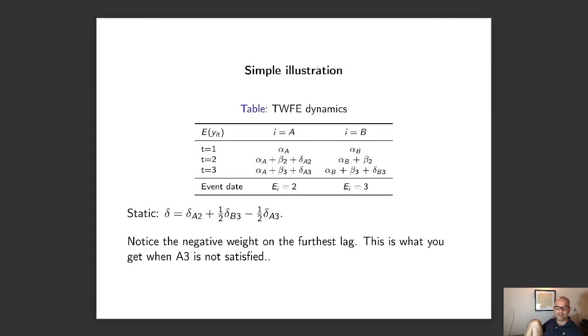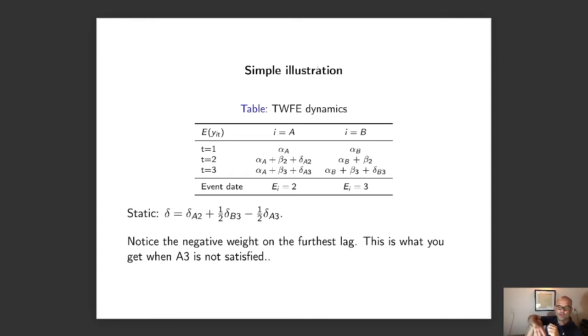So there they give an example of it. They've got 3 event dates. These are like 1986, 92, and 98. And you have 3 years, T1, 2, and 3.